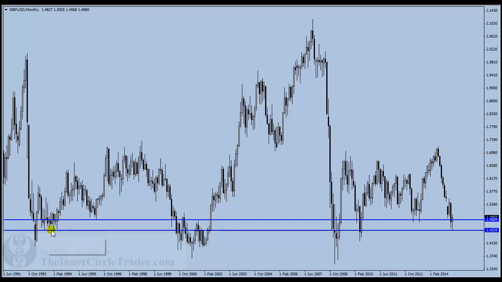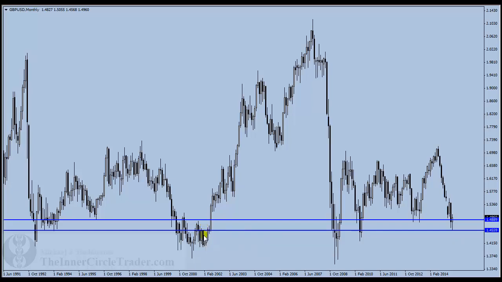Look at the lows of these candles back here. Look at the high of this candle. Look at the bodies of this candle here, all these three candles in here. The body of this candle, the body of this candle, and the body of this candle, and the body of this candle. You see how that's all really close to that same overall price level? What is that suggesting?